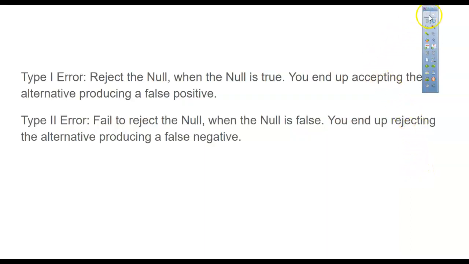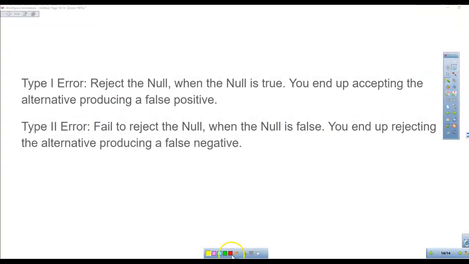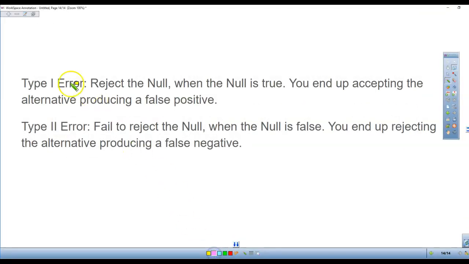So a type 1 error is when we reject the null hypothesis. Main thing you need to know is type 1 error is when you reject the null when the null really is true. Okay? But the null is true. So when you reject the null hypothesis, you end up accepting the alternative.